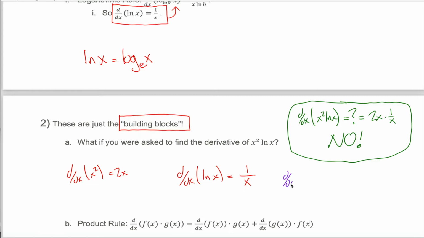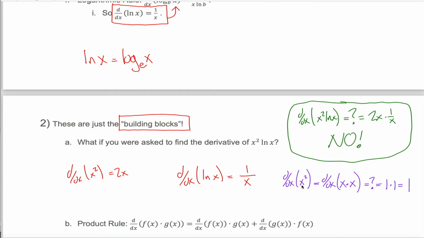Suppose somebody asked you to take the derivative of x squared. You know what the derivative of x squared is. It's just 2x. But think about somebody else who was like, wait a minute, x squared, isn't that just x times x? And you'd be like, yeah, for sure. And isn't the derivative of x just equal to 1? Well, yeah. So shouldn't the derivative of x times x be the derivative of x, which is 1, times the derivative of x, which is also 1?